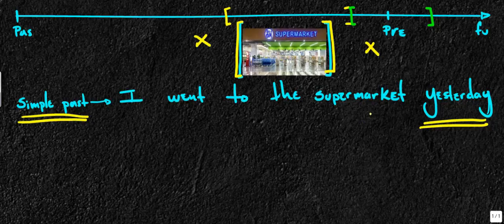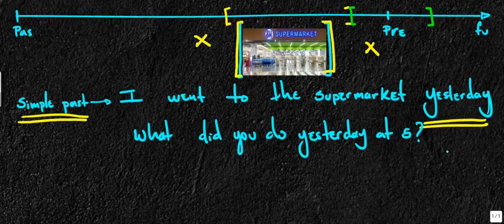Alright? Let me give you a different situation now. Let's say that I ask you the question, what did you do yesterday at 5? Okay? Now, let's imagine that 5 was more or less around here. So this was 5 p.m. Yeah?